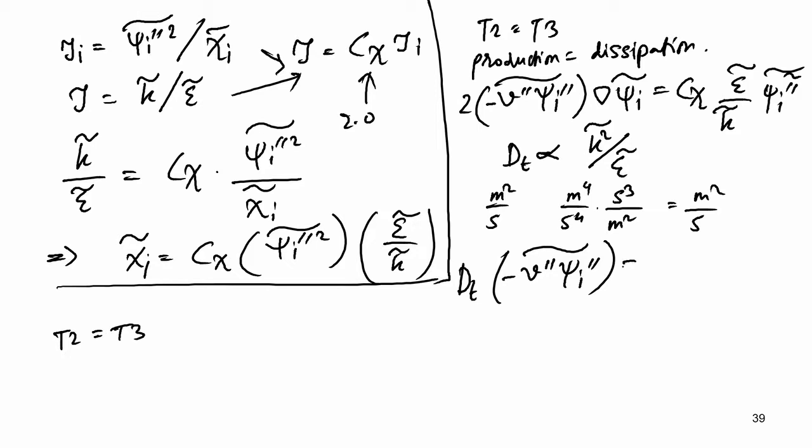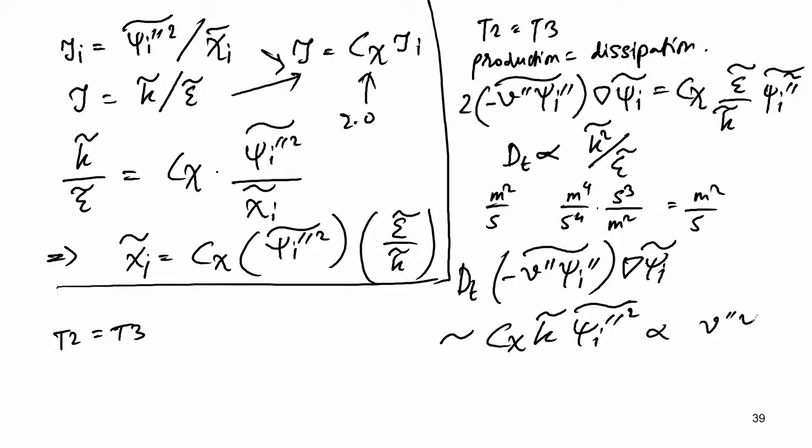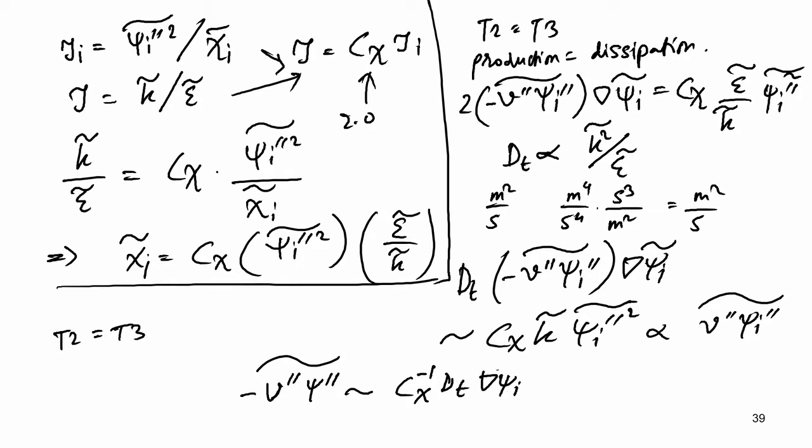So, what is the justification? If we write it in this form, this can be written as essentially Dt times this times xi I, which can be written as proportional to C xi k and xi I prime squared, and this is essentially proportional to v double prime xi I double prime, and therefore if we combine these two things, what we get is minus v prime xi prime is proportional to C xi minus 1 Dt times the gradient of xi I tilde.